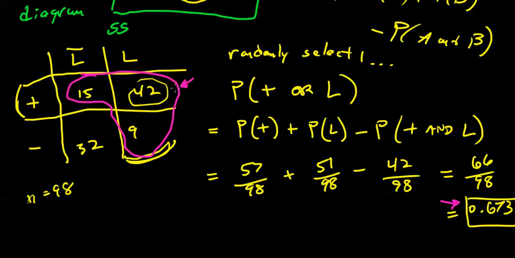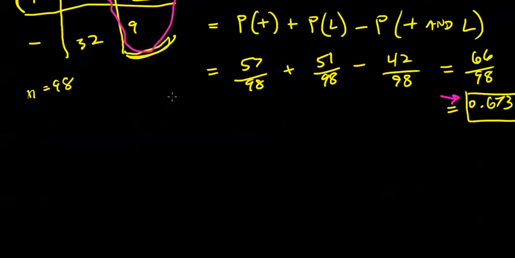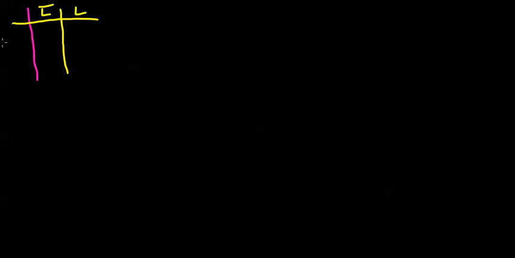Alright, let's try another example. I'm going to need another screen here, and let me quickly write down this data again. Positive test, negative test, 15, 42, 32, and 9.